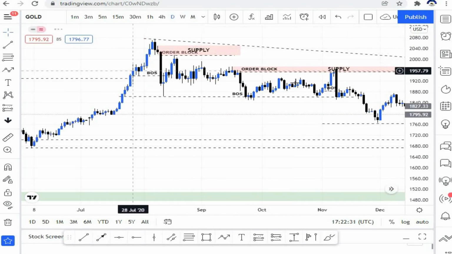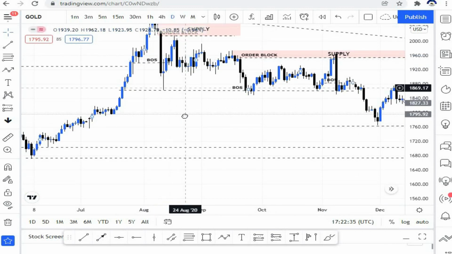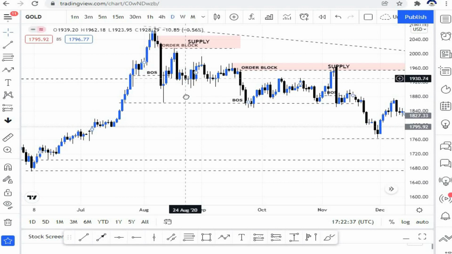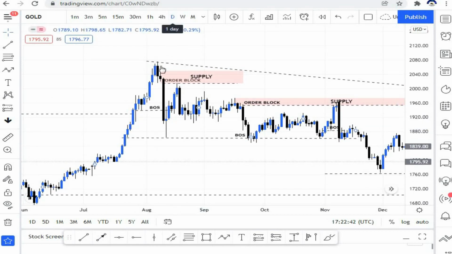So I think it's around this zone, right? As you can see here, guys, this is our daily time frame, and the structure was being taken out, going up, and the price even created a higher low right around this zone, and they have taken out that higher low.